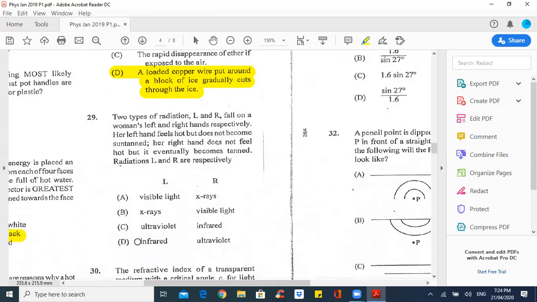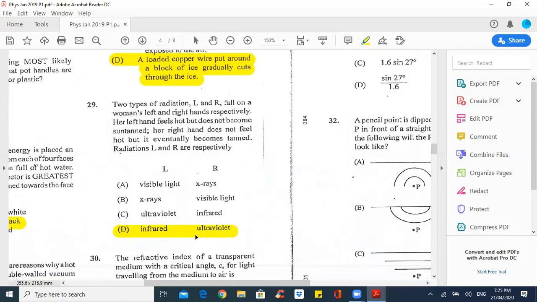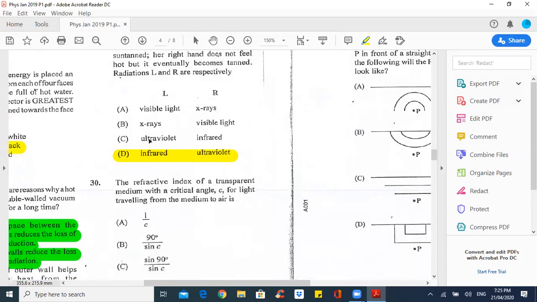Infrared waves are long waves, so they do not tan, whereas the ultraviolet has short waves, which means that they do the tanning, right? So one is infrared and one is ultraviolet. The ultraviolet one is the one that causes the hand to become tanned, and the infrared does not.